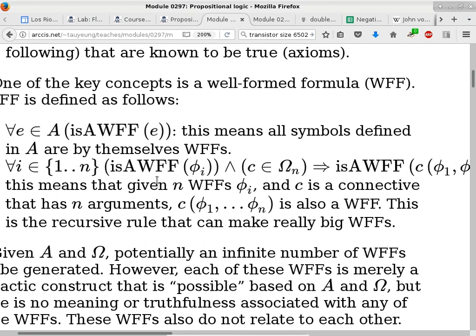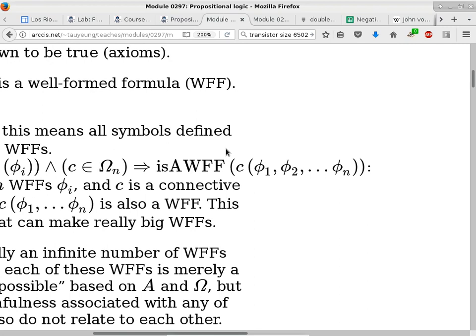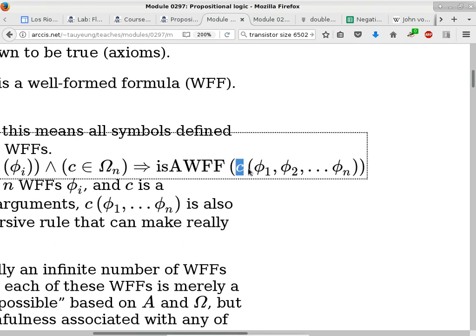So practically we only have 1 and 2 being n, but in theory you can have connectives that can take any number of operands. So if you give me n well-formed formulae, and you give me an operator that requires n operands or n parameters, then that particular connective, given these n well-formed formulae as its parameters, is also well-formed. That's basically what it's saying.